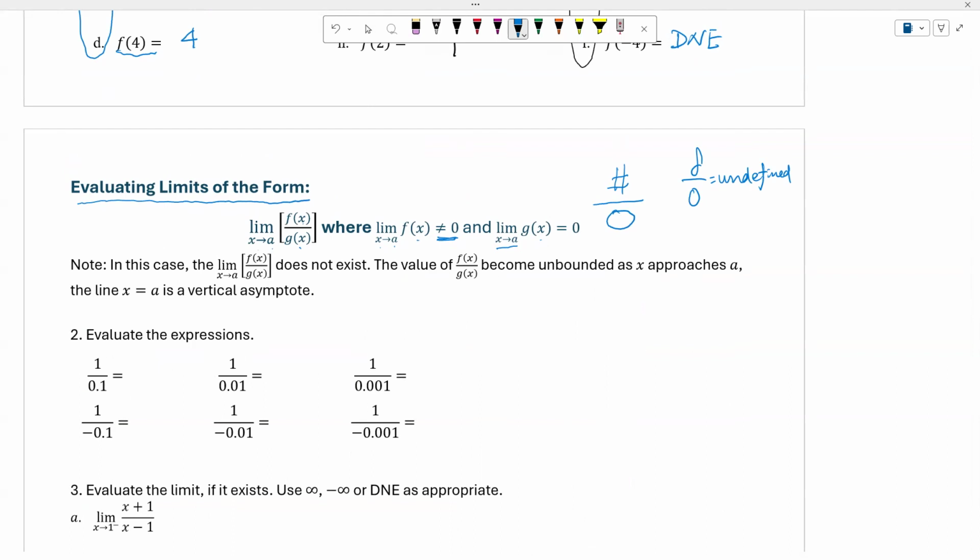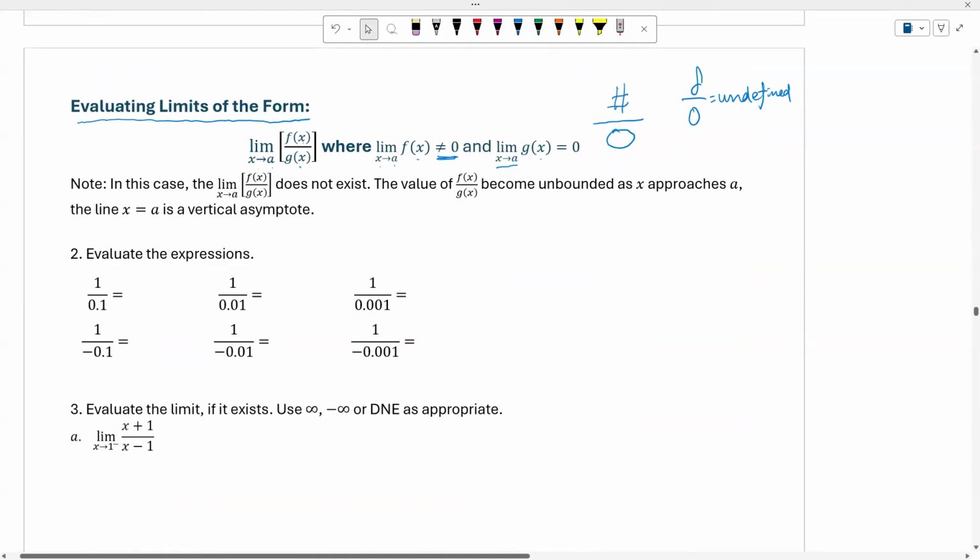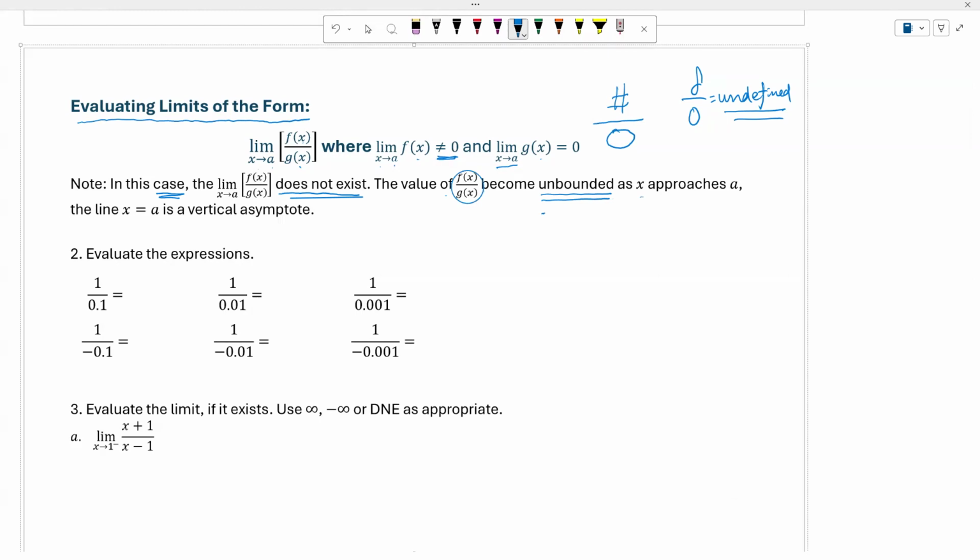Then in this case, if we work with limits, how do we actually work it out? Now you have to remember that the limit does not exist because it's not a value, not a number. However, the value of f of x over g of x becomes unbounded as x approaches a. What does this mean? It means that this limit right here goes to either negative infinity or infinity.